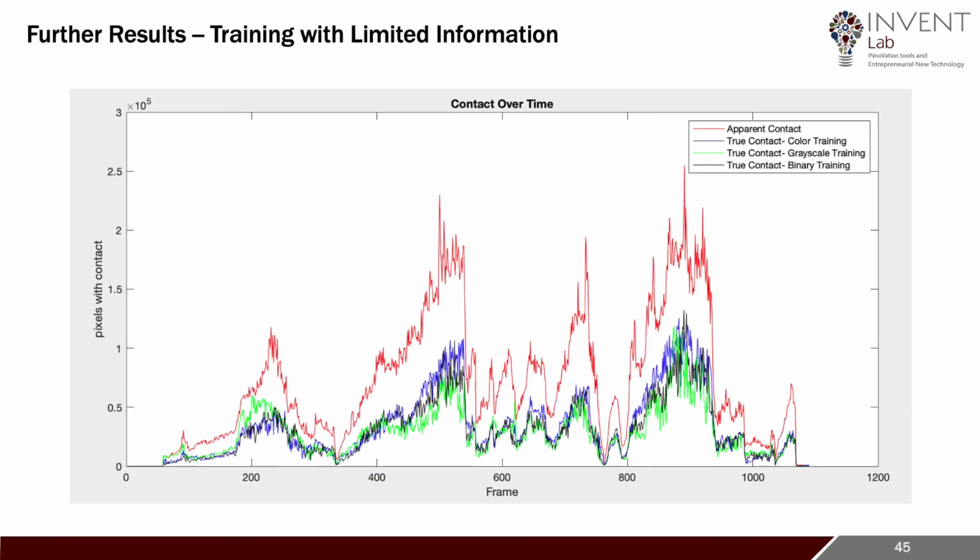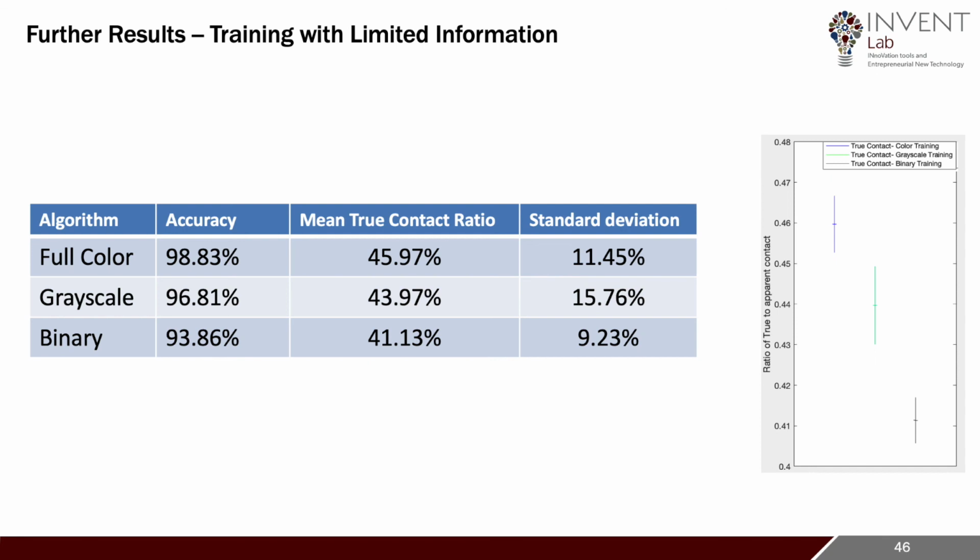We can then plot these different algorithms and how they perform, and from there we can figure out what their differences are in how they perceive the real contact versus apparent contact. And it turns out that they do have statistically significant differences at the 95% confidence level in terms of what they consider to be true and apparent contact.